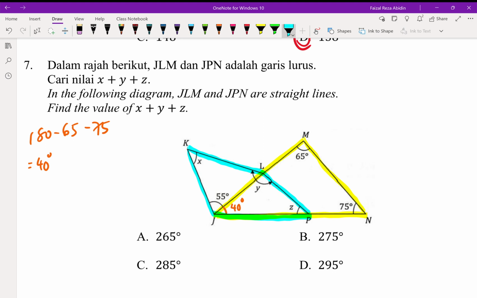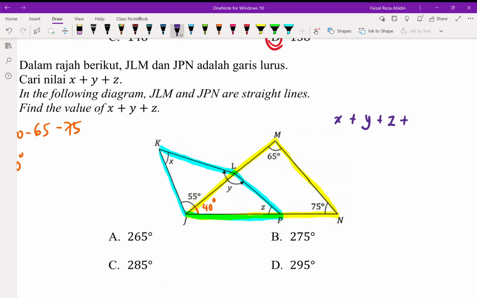For a triangle, the sum of the interior angles is 180. For a quadrilateral, 360. So for our KLPJ, we are going to have x plus y plus z plus 55 plus 40, which is 95, equal to 360.